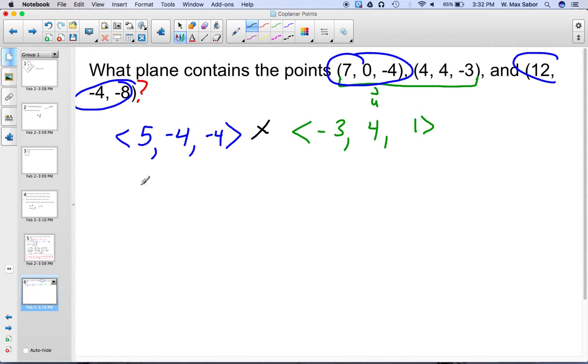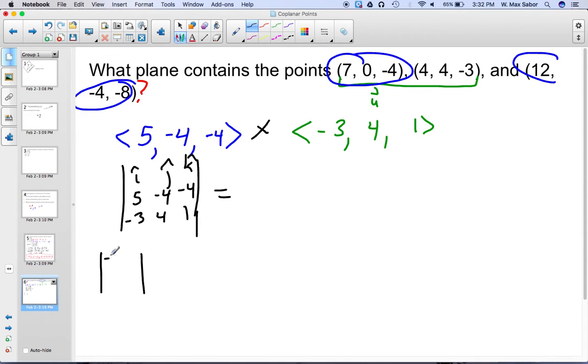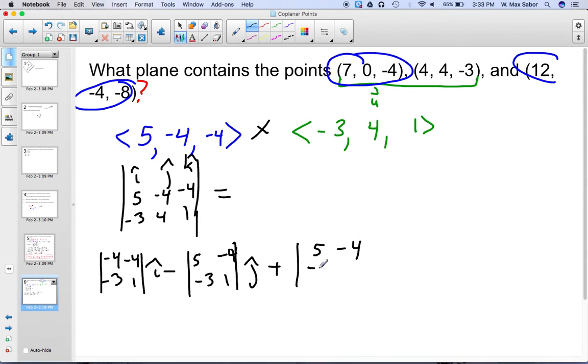We'll get a different answer, but there are multiple equations for the same plane. Now we take this cross product, i, j, k. Bell might ring and interrupt me. 5, -4, -4; -3, 4, 1. This is the determinant of -4, -4, -3, 1, minus the determinant of 5, -4, -3, 1, plus the determinant of 5, -4, -3, 4.